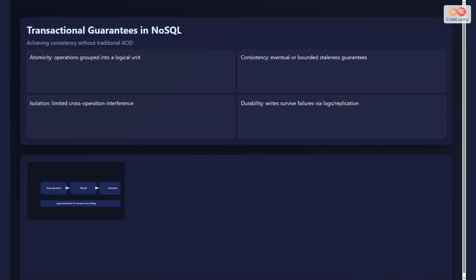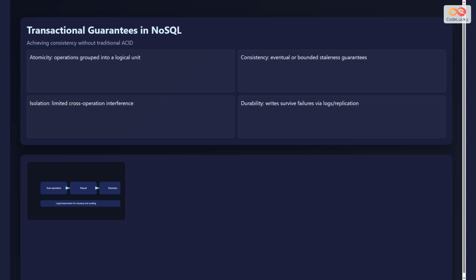The TCC pattern consists of three phases. Try: each service reserves resources and performs validations without permanently committing. Confirm: the coordinator signals all services to make changes permanent. Cancel: if any service fails during try, we cancel all reservations. TCC provides strong consistency guarantees because all changes happen together in the confirm phase.